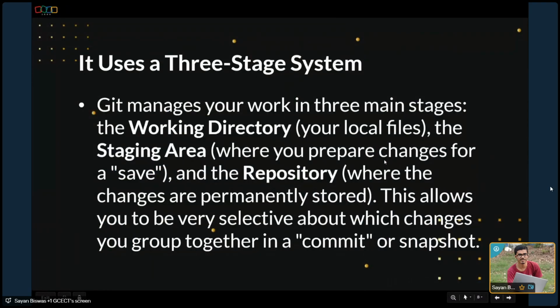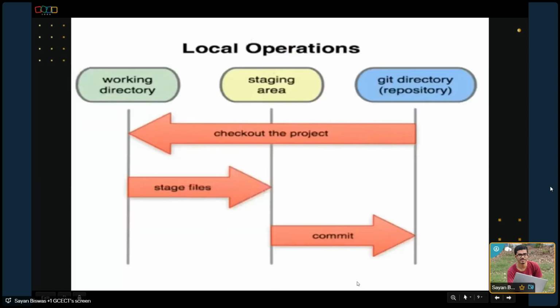Next, Git has a three-stage system. So there are three stages in the working. First one is the working directory. The second is the staging area, and the third is the repository. So first you are working on a file. After you made some changes, you need to stage the files.